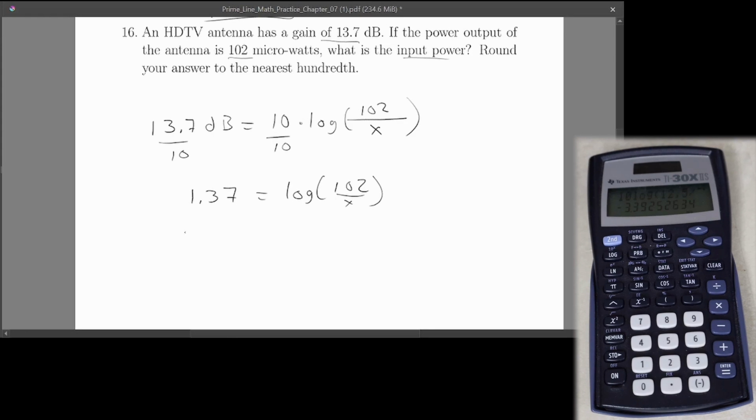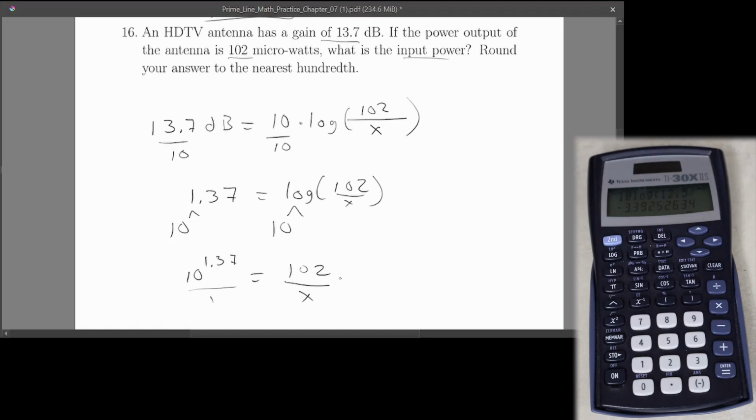We are going to do the anti-log, so we'll do 10 to the power on both sides. The logs cancel out, and so we get 10 to the 1.37 equals 102 over x.